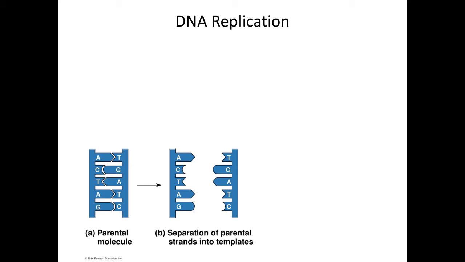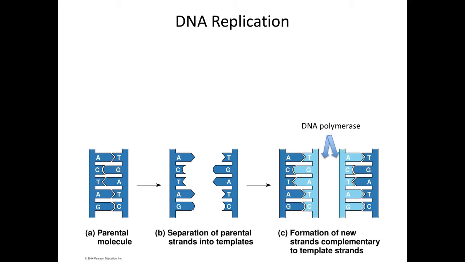We're going to make new strands to fill in the gaps. The new nucleotides bind. They're shown here in light blue. DNA polymerase is going to link those new nucleotides together to form a polymer. DNA polymerase makes covalent bonds and checks to make sure errors were not made.